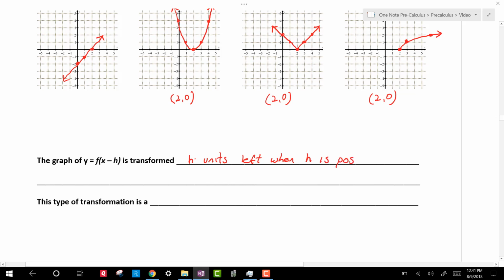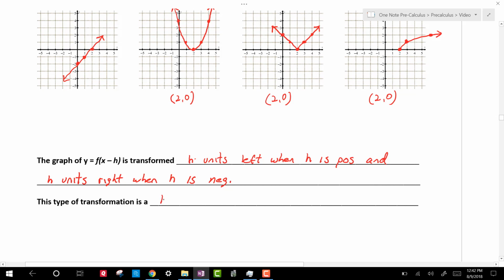So if it says x plus 3, I'm actually going to go to the left, and h units right when h is negative, just like in the 2 examples above there.